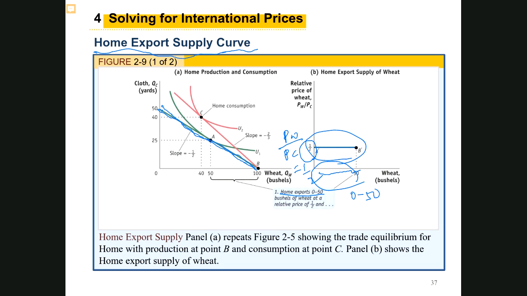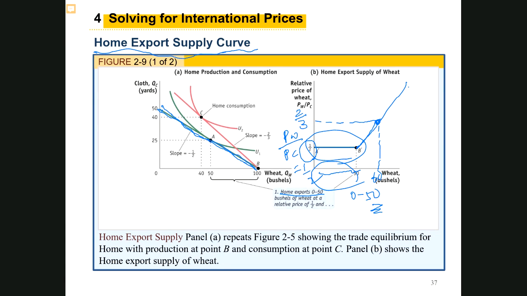This is just equal to the relative price without trade. But after 50, when they try to export more, the price will go up. And we know one of the points, at 60, is determined by the world trade equilibrium. So this is going to be the supply curve.